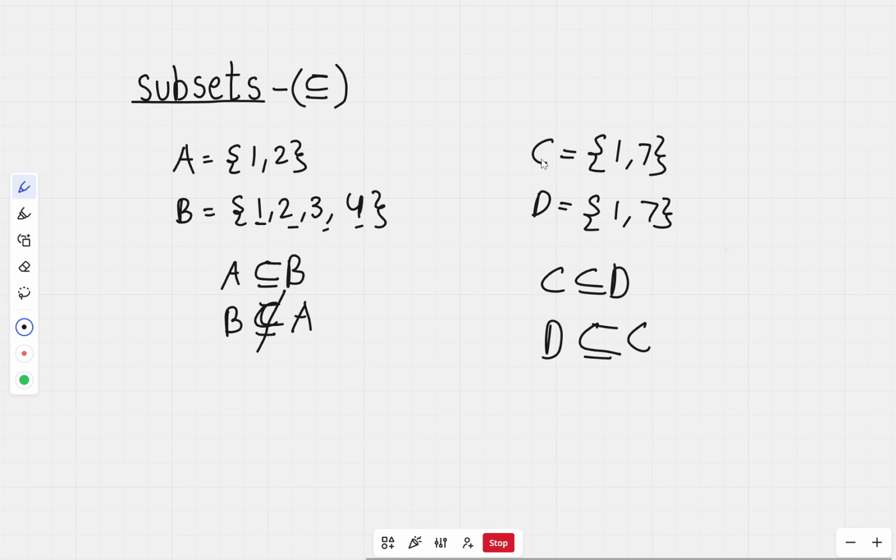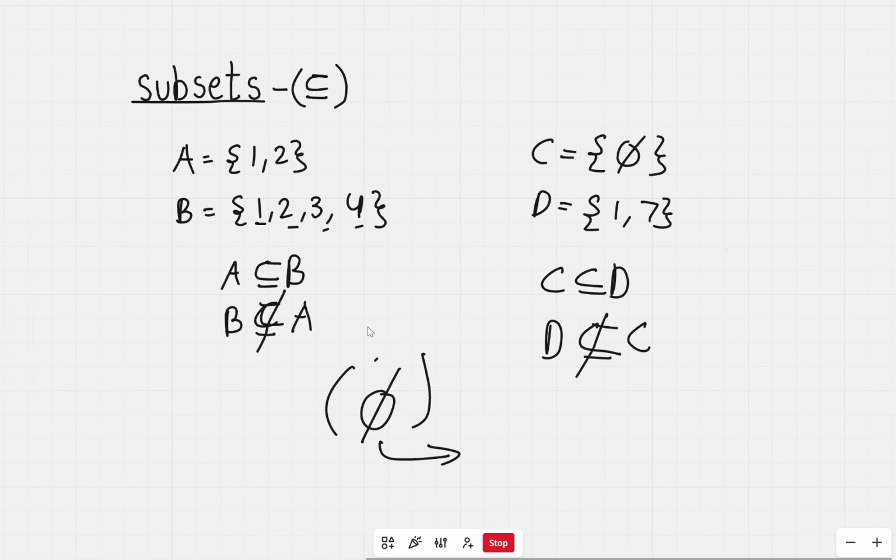For example, C and D are basically equal, so it doesn't matter if I name this also C. Hence C is a subset of C. So this proves that every set is a subset of itself. The second important point is about phi. The empty set, which is known as phi, is a subset of every set.